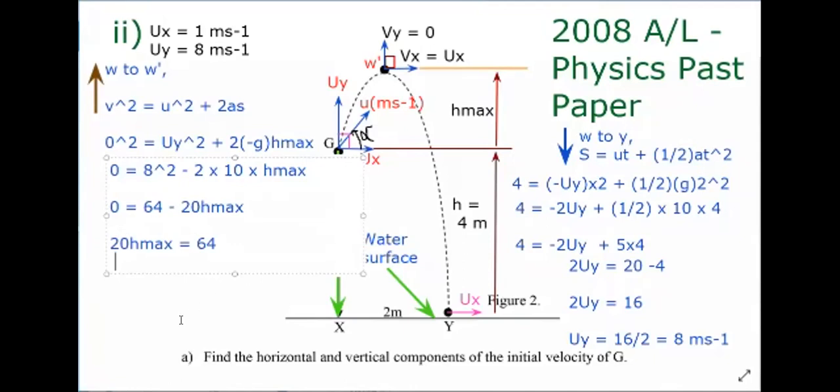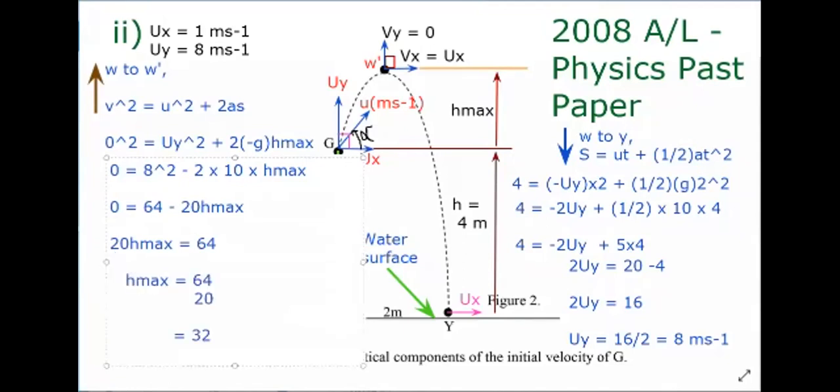That's much easier, right? 64 divided by 20: if I divide both numbers by 2, 64 divided by 2 is 32 and 20 divided by 2 is 10. Now 32 divided by 10 means 3.2 meter. 3.2 meter.